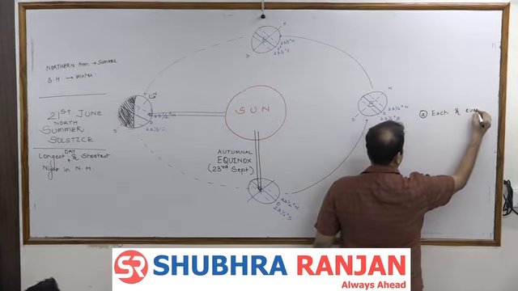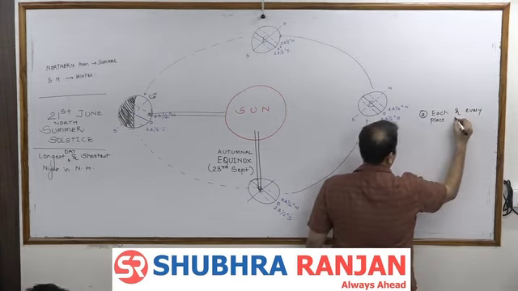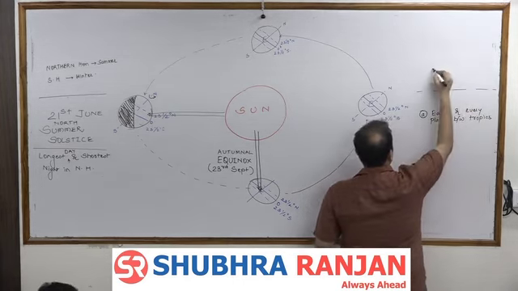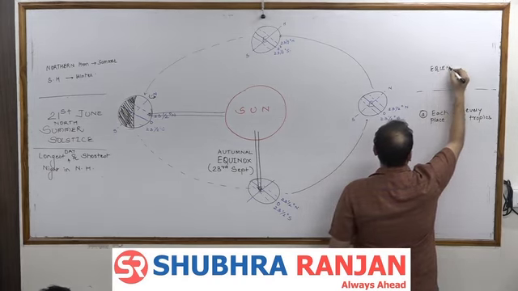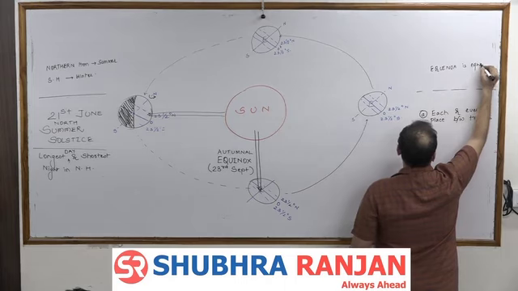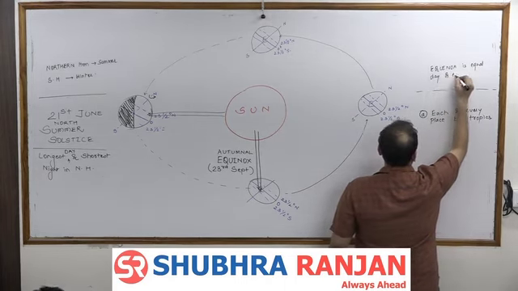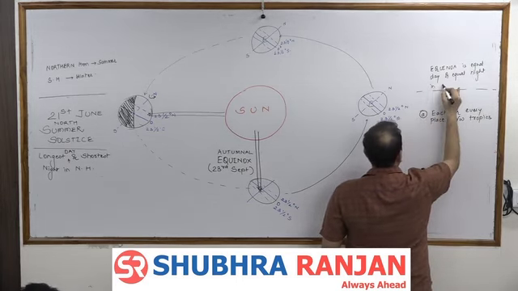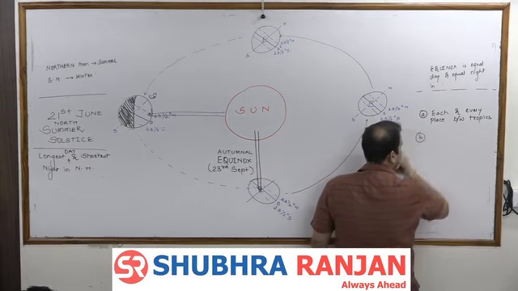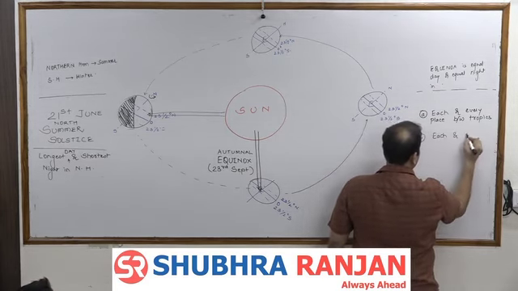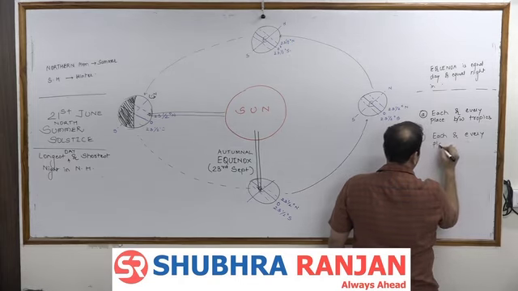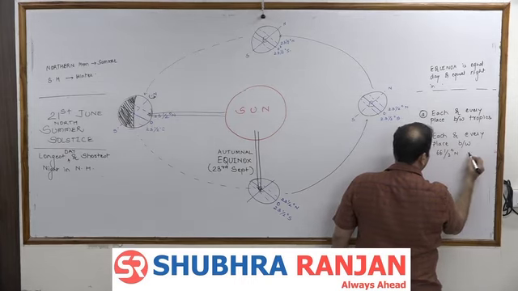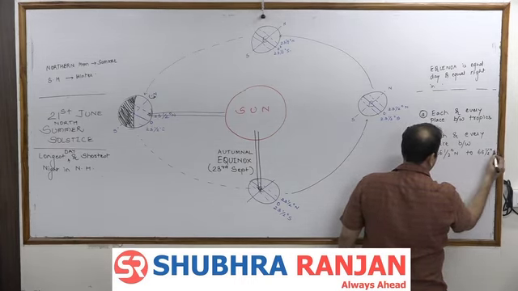Each and every place between the tropics, that is between the Tropic of Cancer and Tropic of Capricorn, A. B, each and every place between 66.5 degrees north to 66.5 degrees south.